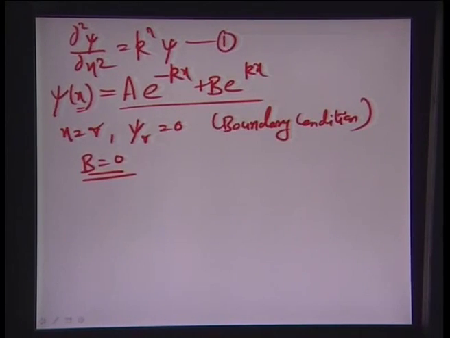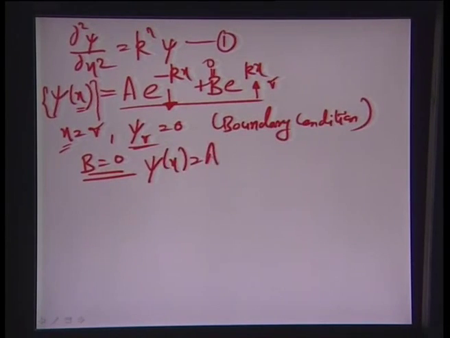If x is infinity, this term goes down to 0, but the other goes to infinity, and therefore the only way that xi infinity, the potential at infinity, is 0, is if b is 0, because then it takes care of the infinitely growing term. The remaining term is automatically 0 by virtue of e to the power minus kx converging to 0. So, therefore, xi of x is really a e to the power of minus kx.